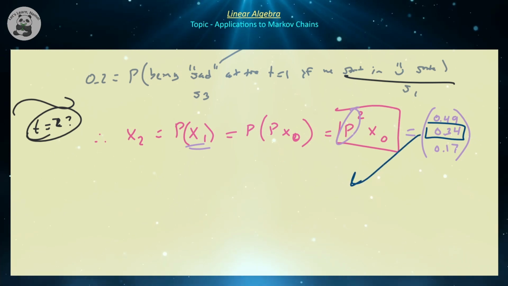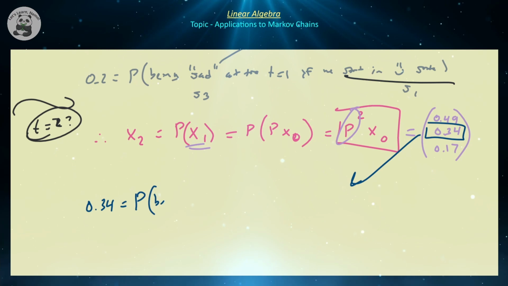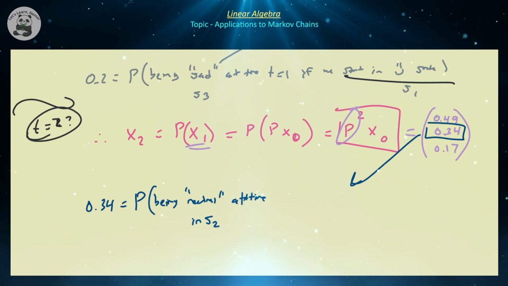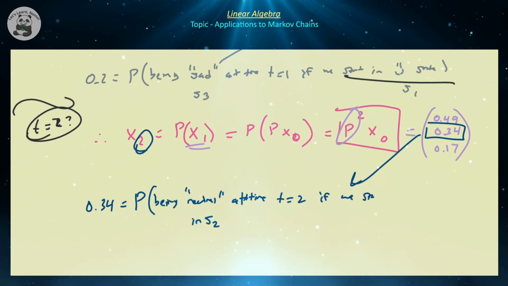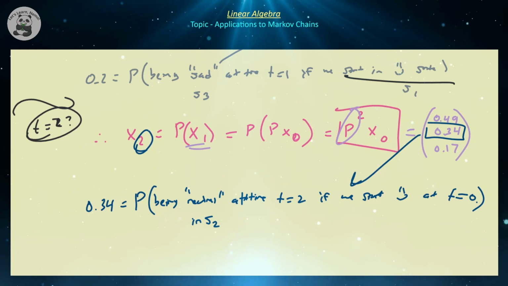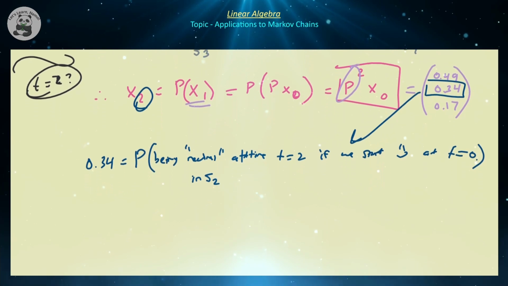Let's focus on 0.34. 0.34 is the probability of being neutral, or being in state 2, at time t is equal to 2, the subscript, provided we start happy at time t is equal to 0. That's how we interpret these probabilities in this probability vector.